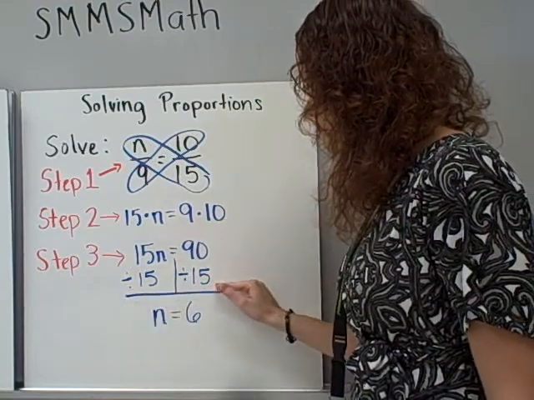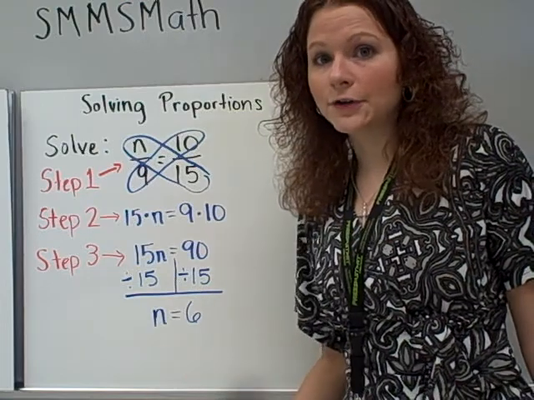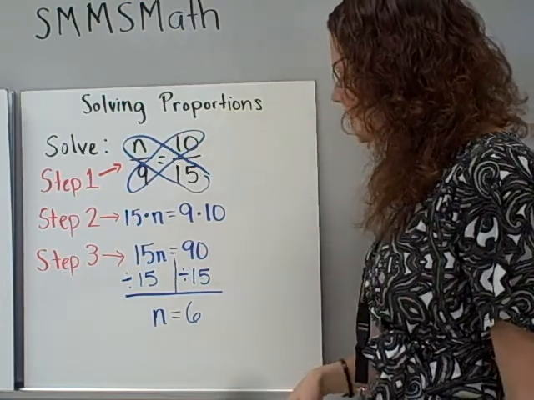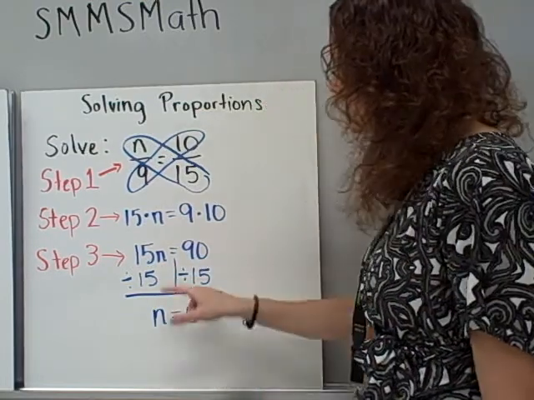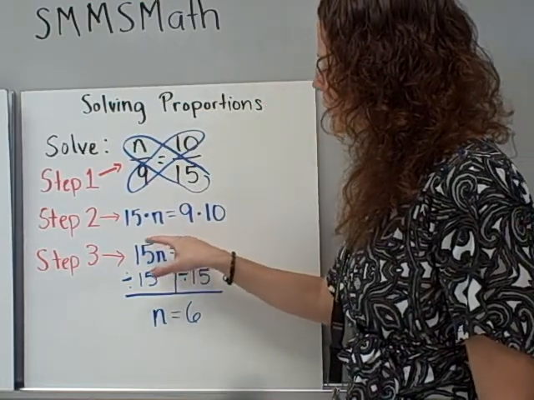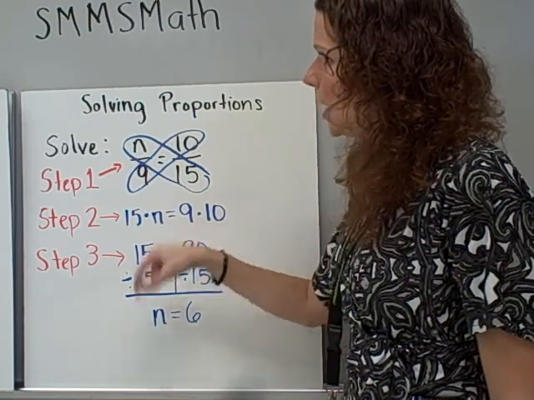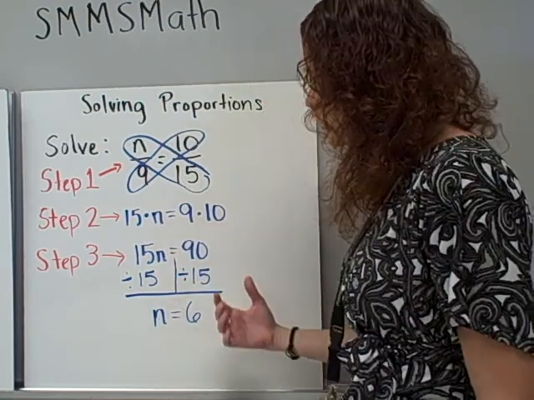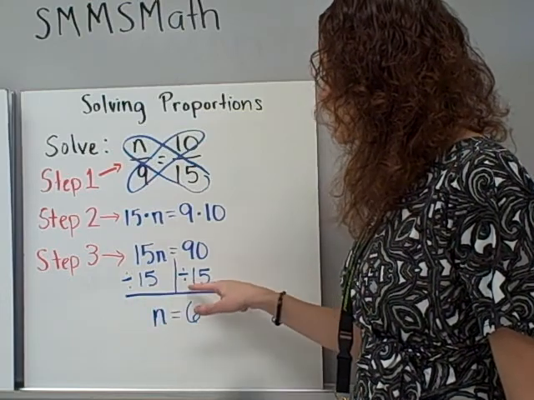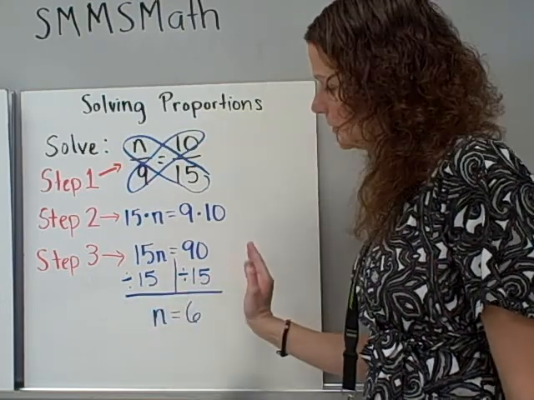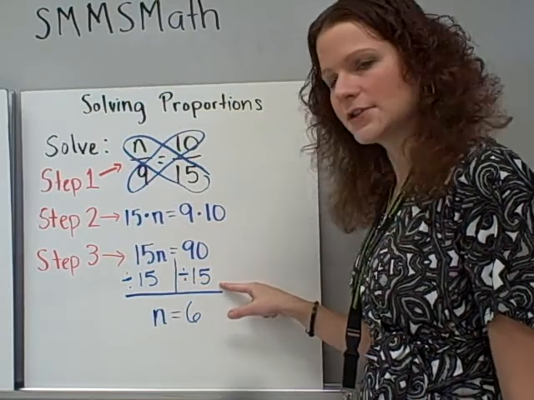So we draw our t, and we figure out what inverse property, what's the opposite thing that I have to do to get this little variable by himself. So I have 15 times n, so the opposite or inverse of multiplying by 15 is to divide. So I divide 15 on one side, but whatever I do to one side, I have to do the other, so I divide 15 on the other side.